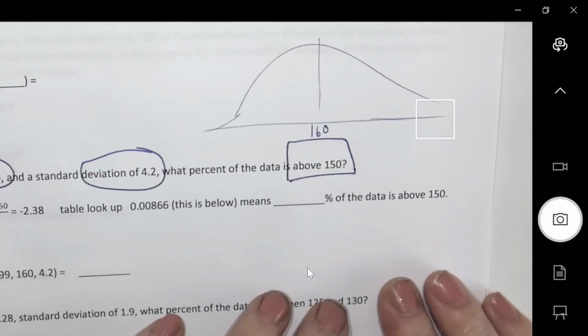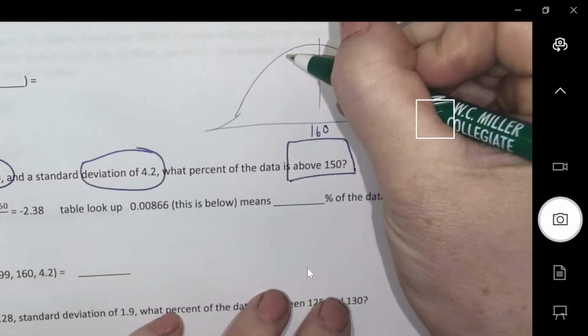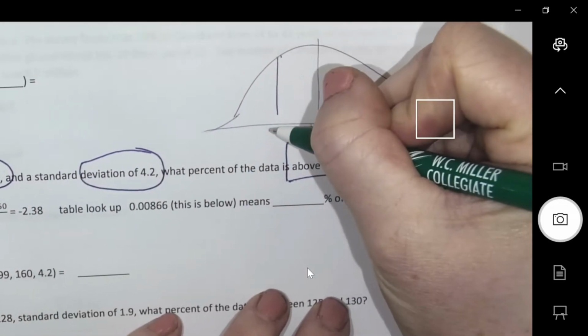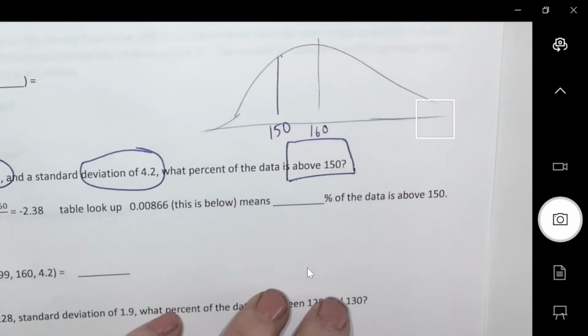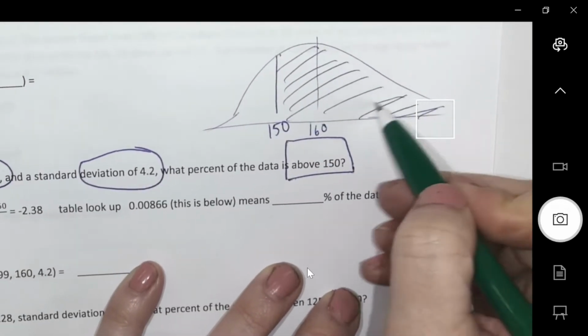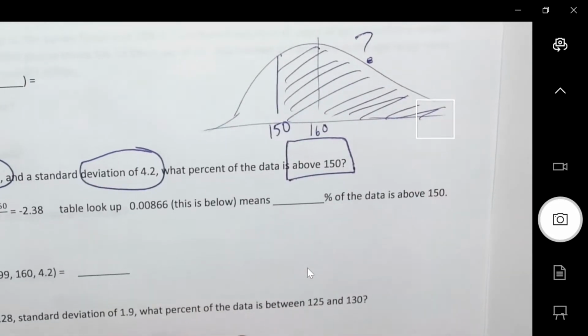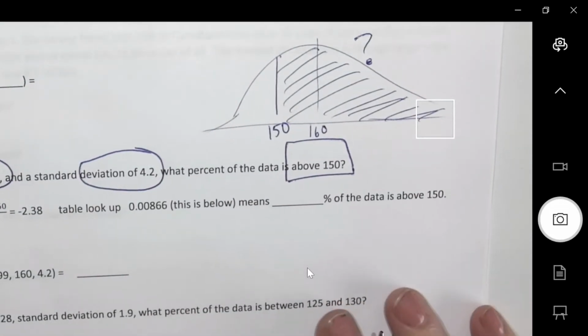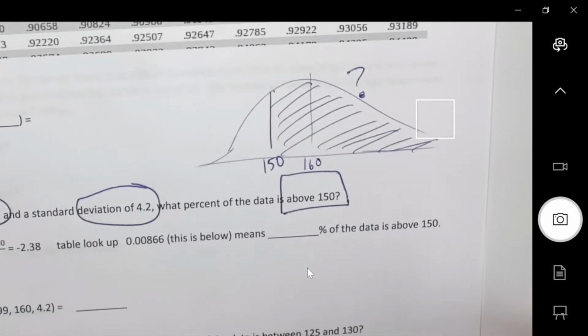There's the mean of 160. 150 would be below it. 150 is below the mean. But I want to know how much data is above it. So there's going to be quite a bit of data above it. It's definitely over 50%.